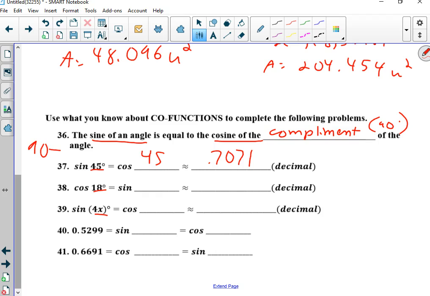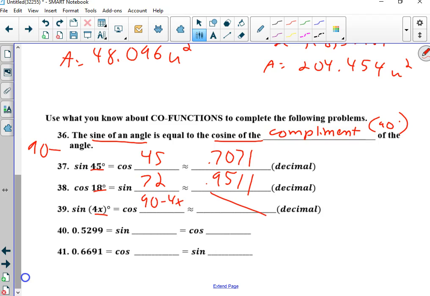If you type cosine of 45, you'll get the same thing. 38. 90 minus 18 is 72. The cosine of 18 is 0.9511. Guess what the sine of 72 is? Same thing. Sine of 4x, well, that's going to be 90 minus 4x. And depending on what x is, we're not going to do this part because we don't know what x is.